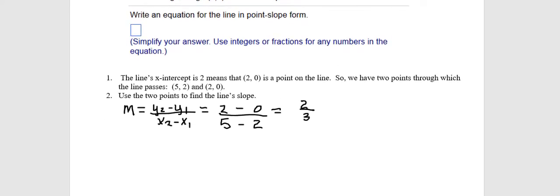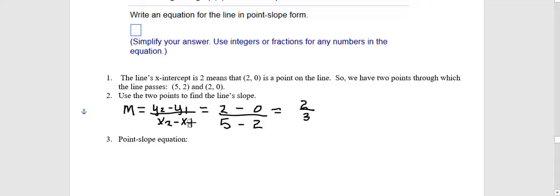And I put the 0 of the second point second in the subtraction in the numerator. So underneath it has to be its 2. That point had an x-coordinate of 2. So 2 minus 0 over 5 minus 2 gives me a slope of 2/3.